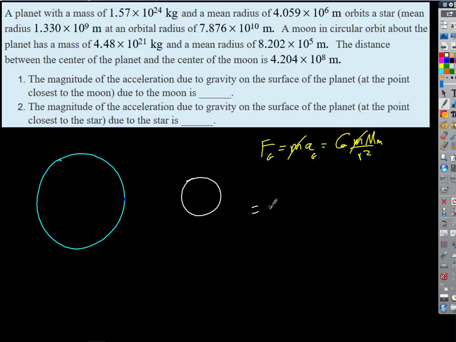So we're going to get G times the mass of the moon, which is right there, divided by, what's the distance going to be?